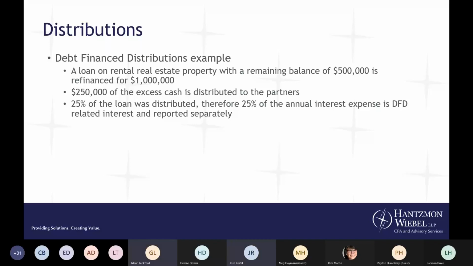Correct. So each year that amount would reduce. This is the first year calculation right here. It could be that in year 2 it might be 24%, then down to 22, 21, etc. So it needs to be recalculated every year based on the ratio of the amount of cash that was distributed to the partners, as reduced by various means, as a proportion to the entire balance of the loan.